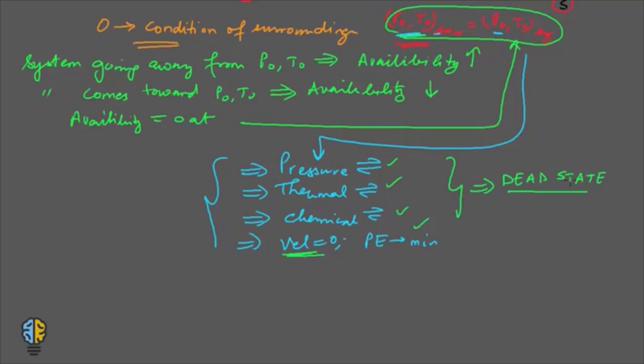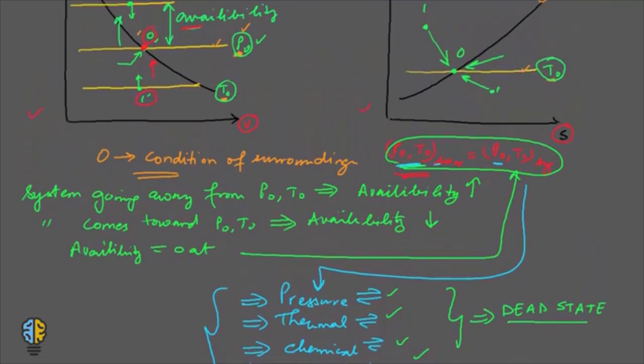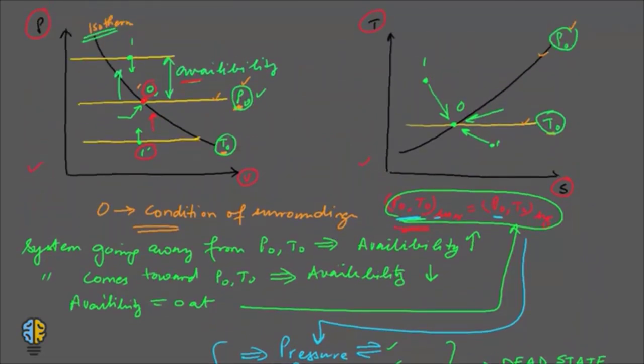If you go back to the diagram, point O is known as the dead state, because at this point the system and the surroundings are at the same condition, and this point on the TS plot is also known as the dead state. This means the farther you go as a system from the dead state, the higher will be the amount of available work.